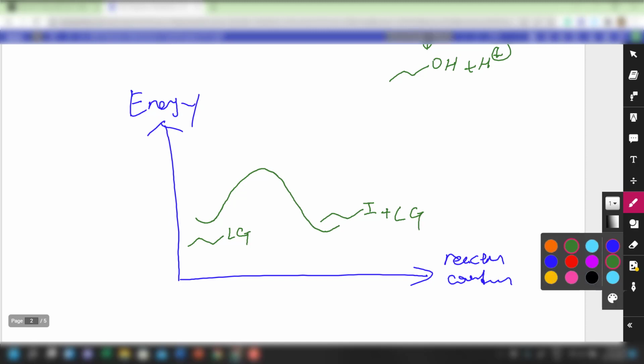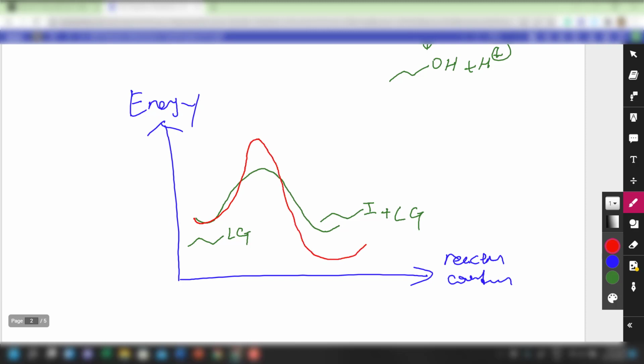Then we can look at another pathway where I use chloride as the nucleophile. Obviously the activation barrier will be higher, but the C-Cl bond is stronger. So in this case I'm going to get Cl here and the leaving group here. You'll notice that iodide, being a better nucleophile, will have a lower activation barrier leading to the products.